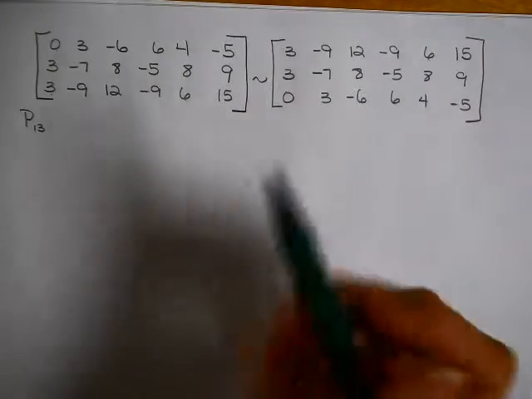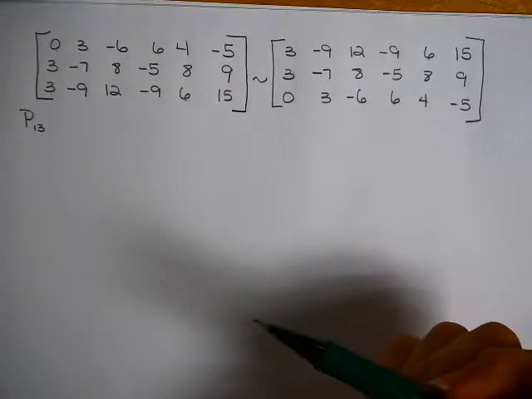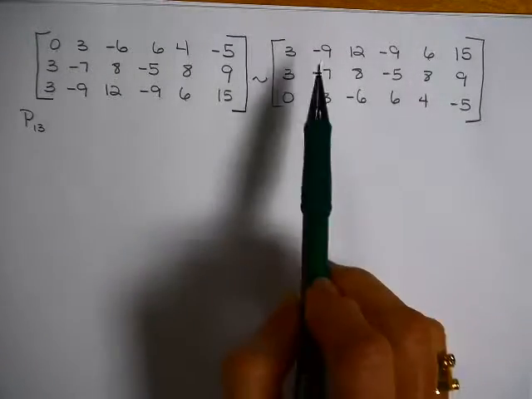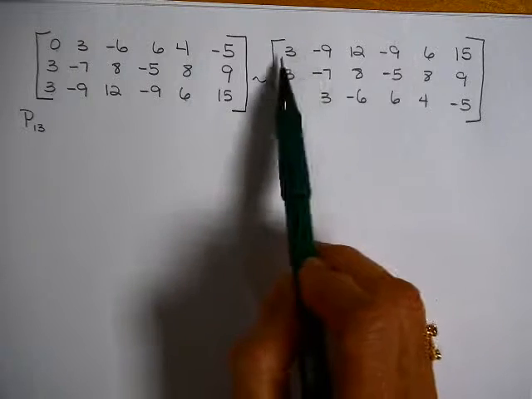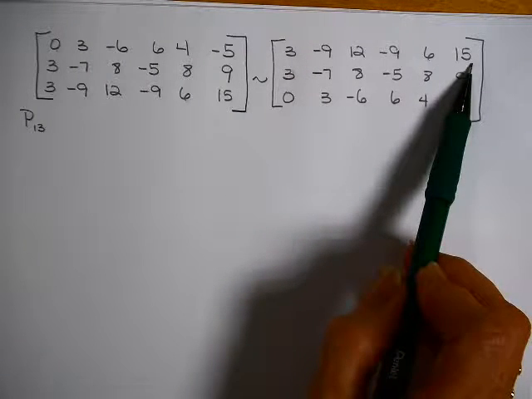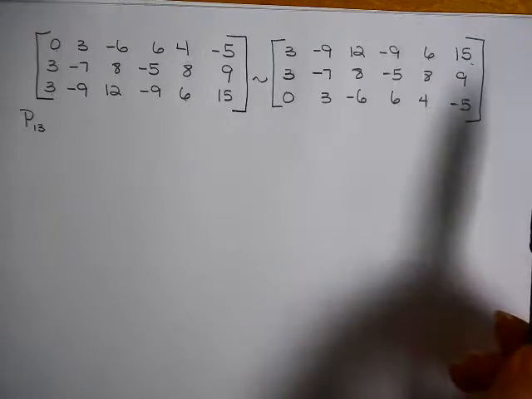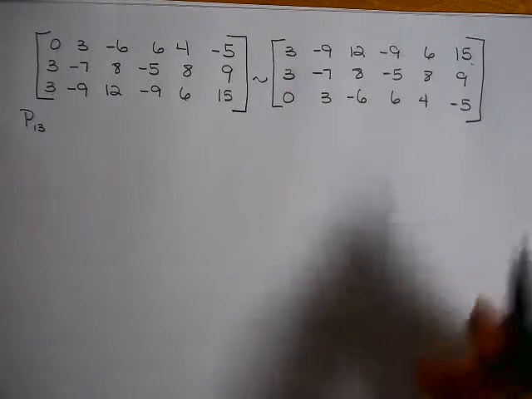Okay, I'm headed to reduced echelon form. When I was writing this, I noticed that everything up here could be divided by 3. So I probably would go ahead and divide everything by 3 just to make my numbers smaller. Okay, but that's just me.